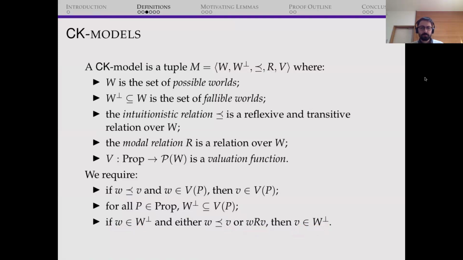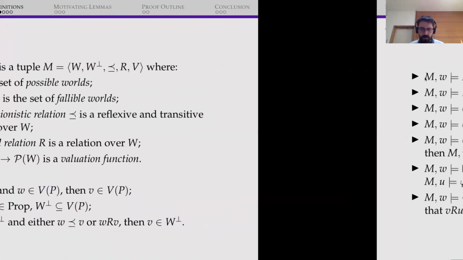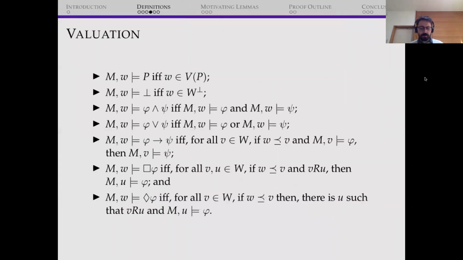The modal relation and the intuitionistic relation here are mostly unrelated. Before seeing how to modify these models, let's take a little look at the valuations. So this is essentially the valuation for the intuitionistic logic models, with more conditions for the boxes and diamonds.